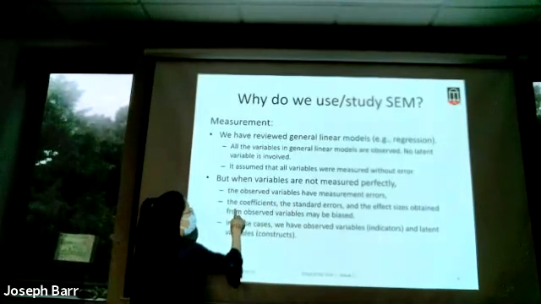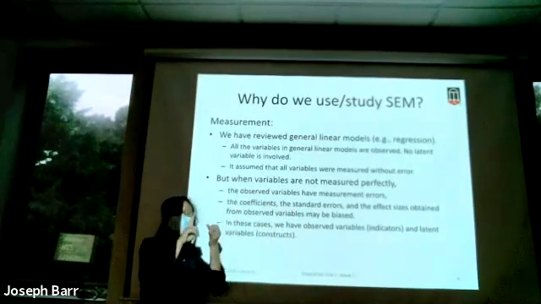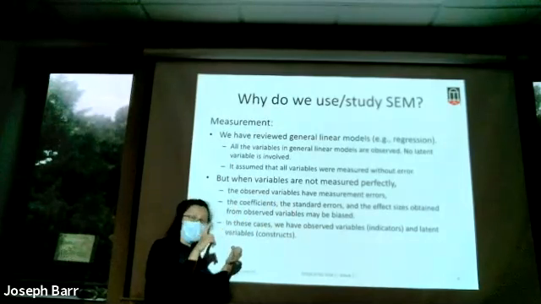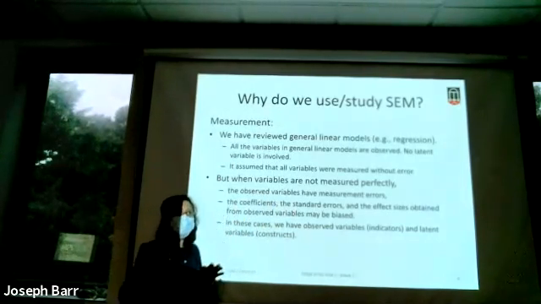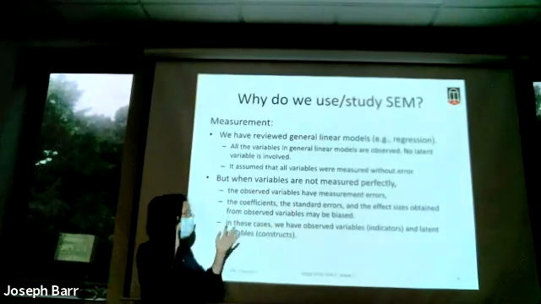So we have an observed variable, we have the true variable, and we have some measurement errors or some noise. It's due to the questionnaire, or the understanding of the question, or some other reason.